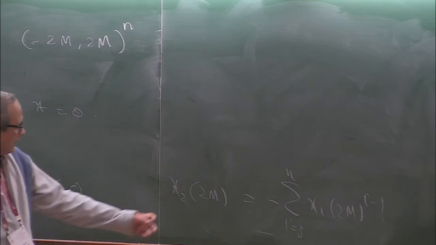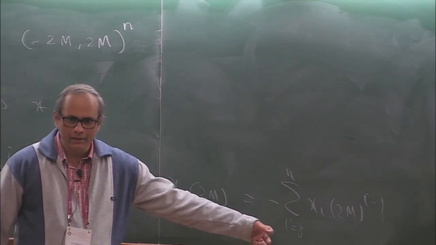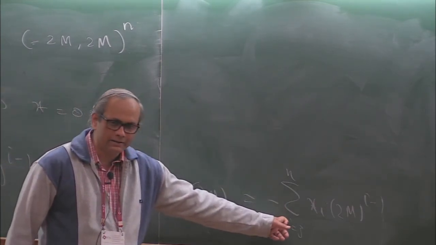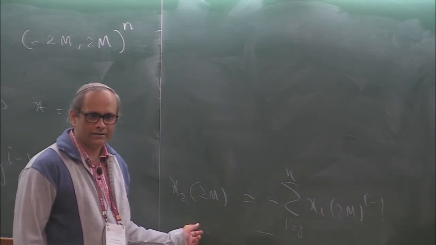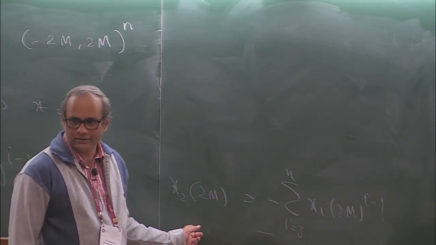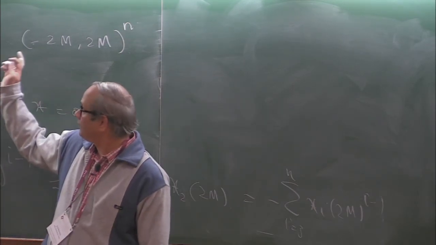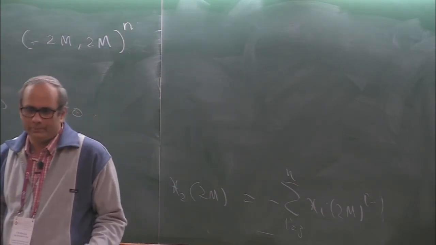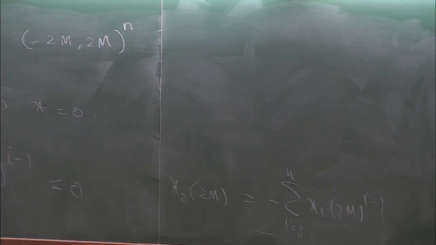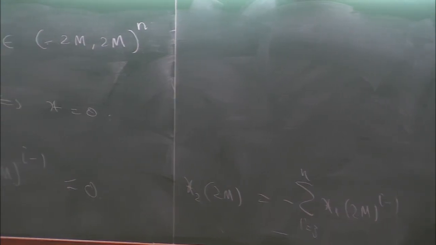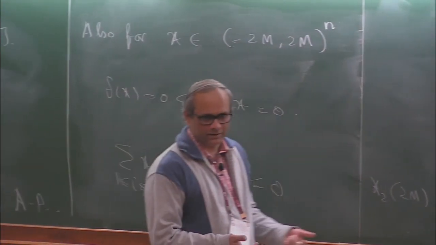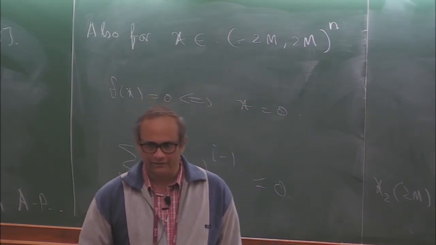I can cancel the 2m and I'll see that this side is a multiple of 2m, therefore this side must be a multiple of 2m and must lie in the open interval minus 2m to 2m, which means it has to be 0. So it's just as elementary as that, simply modular arithmetic. It's just representation in base 2m, there's nothing else.